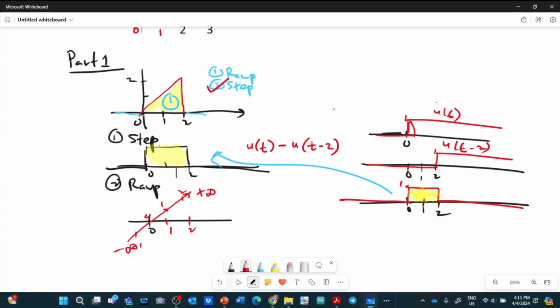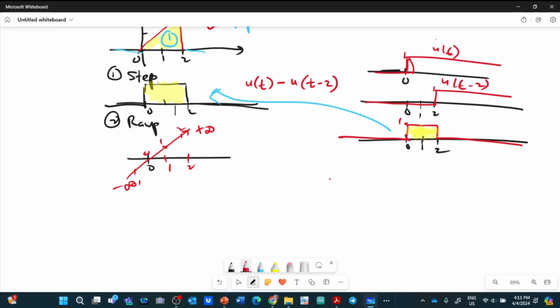Okay. These two signals, you multiply, then what do you get? You will get this signal. Okay. Let's try to do that. So what you're going to do is that this signal multiply with step multiply by ramp signal. Okay. So you dapat ni 1. Amplitude tadi 1. Amplitude ni tadi 0, 1, 2. Okay. So at 0 point, I'm not going to do the table sebab ini simple saja.